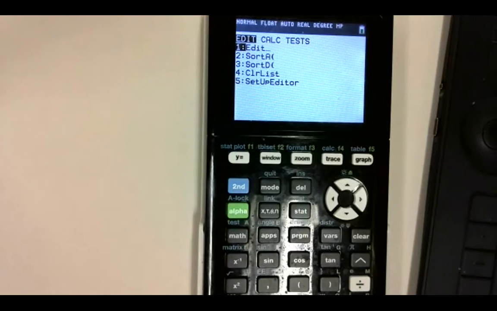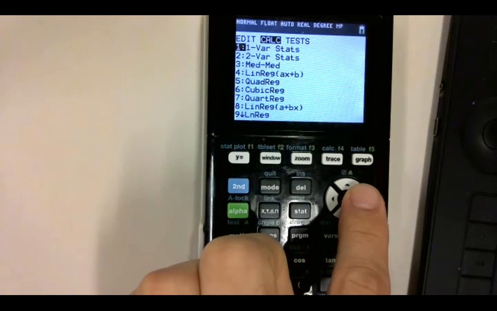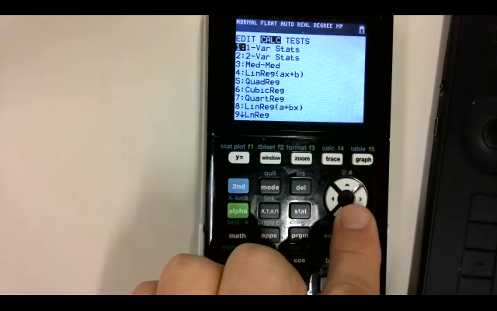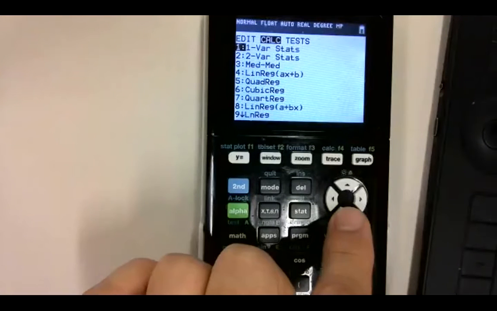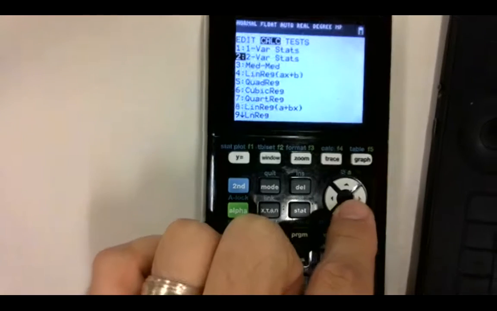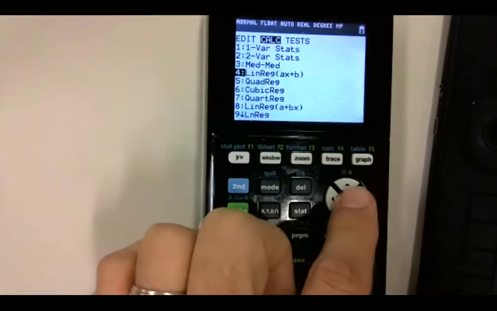So now that I want my equation, I wanted to calculate, which one do I push here? 1, 2, 3, 4, 5, 6, 7, 8, or 9. I guess 1. So once I'm trying to calculate it, I want the linear regression. So it's number 4.